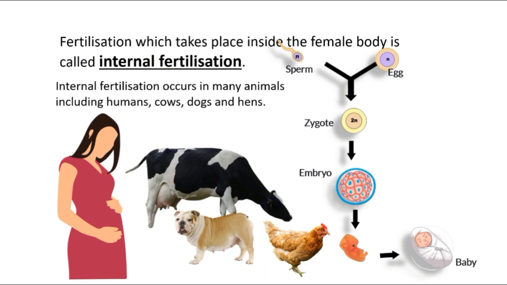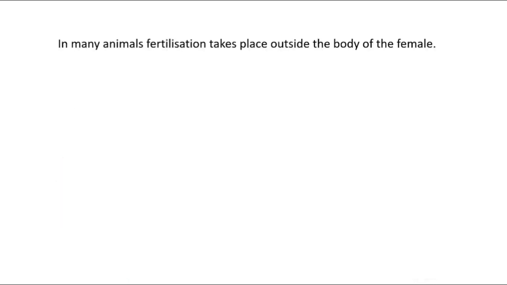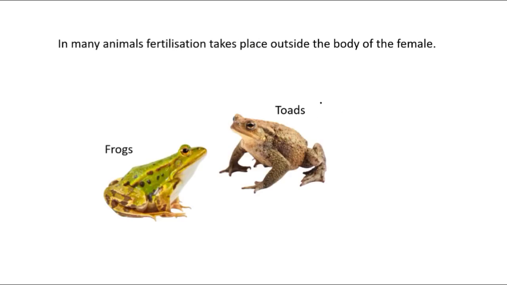So first you remember, fertilization which takes place inside the body of an organism is called internal fertilization, right? And the fertilization which happens outside the body of an organism is external fertilization. Generally it happens in the organisms living in the water, right?